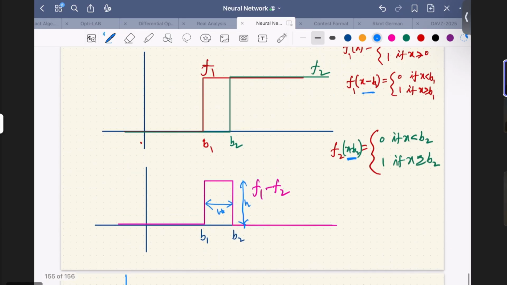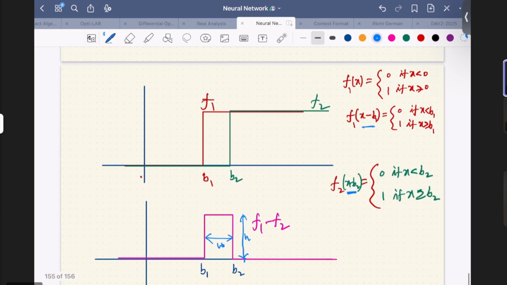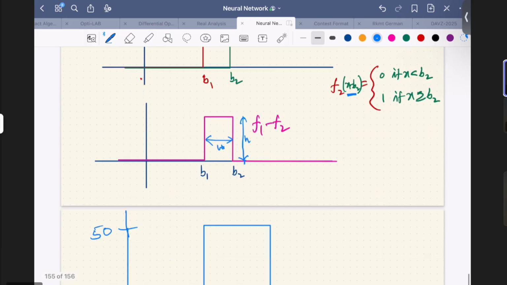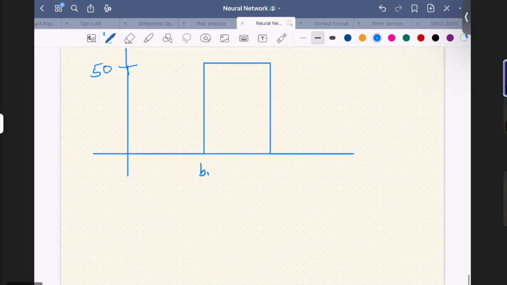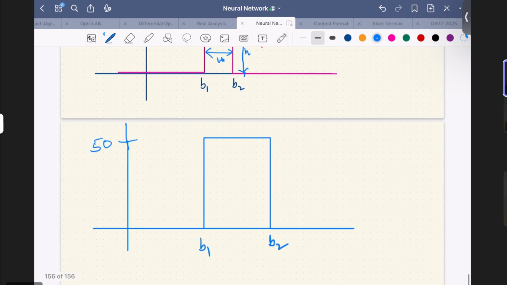Forget about the neural network for some time. The step function definition is this one only, and this is a B1 point and this is a B2 point. I'm not talking about the biases right now. I am focusing on the height. What should be my F1 and F2 such that it will come out as 50?